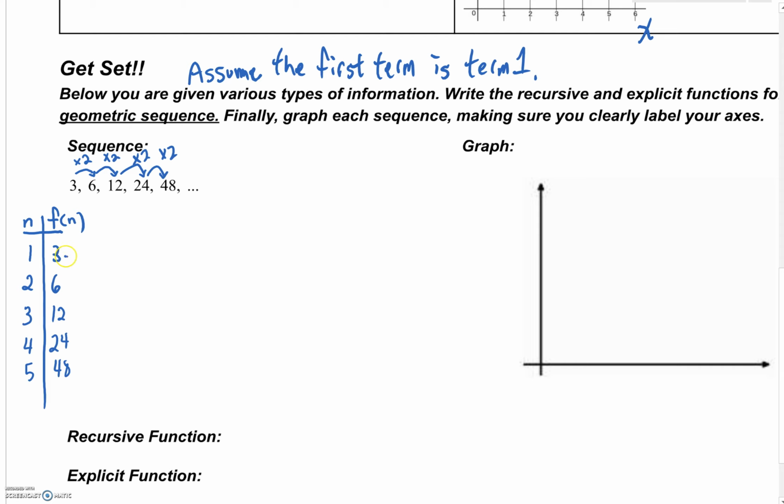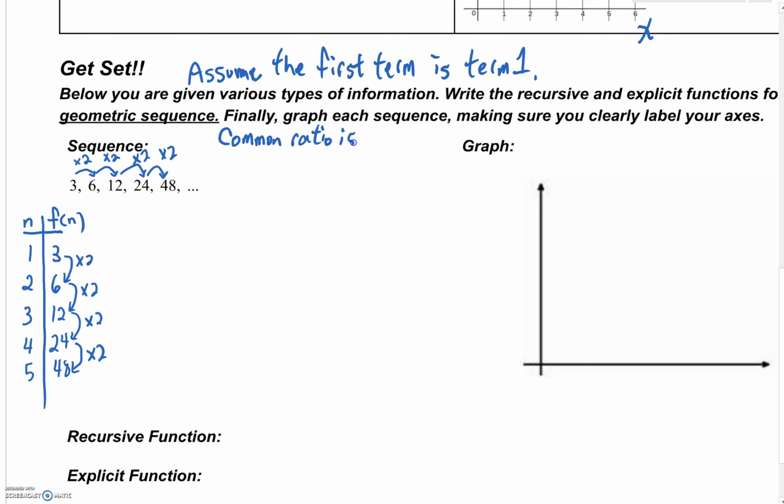Just like before, you can see in this table, in this different representation, going from term to term to term, we're multiplying by 2. Now again, when you have a geometric sequence, we can say that that constant multiplication is called the common ratio.